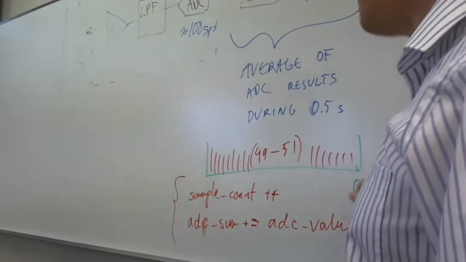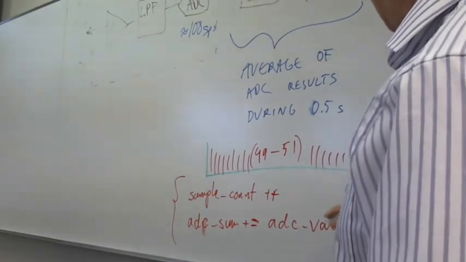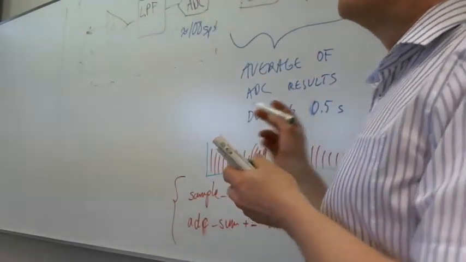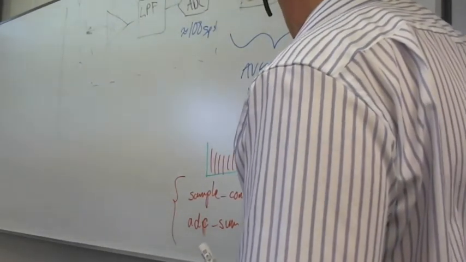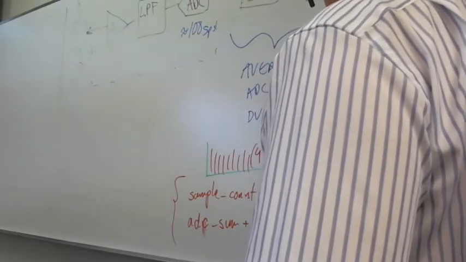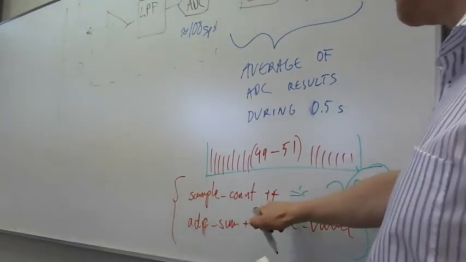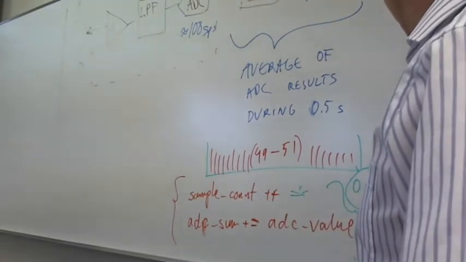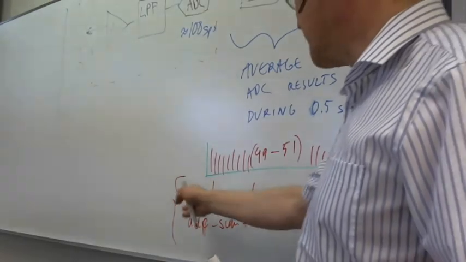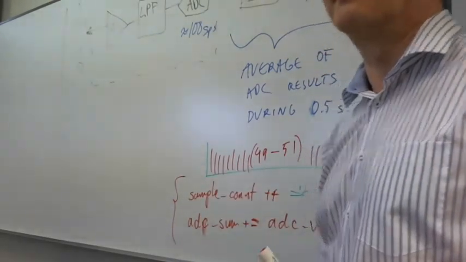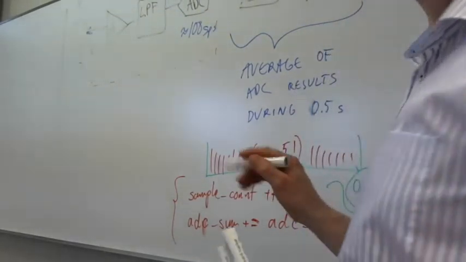Then every half second you take these two variables and make a copy of those, then initialize those again, so you put those to 0 again, so that when the next interrupt comes, you can start counting from scratch again. And then use the copies to do the division.